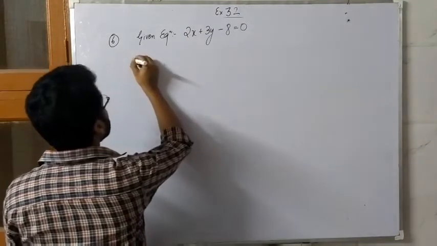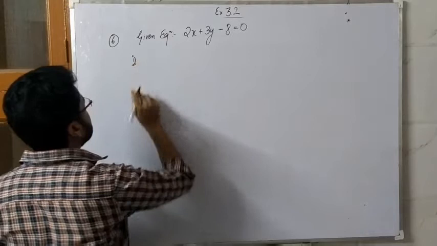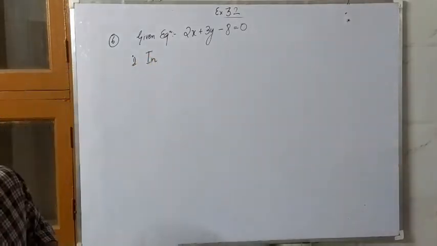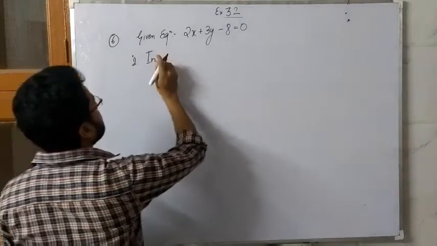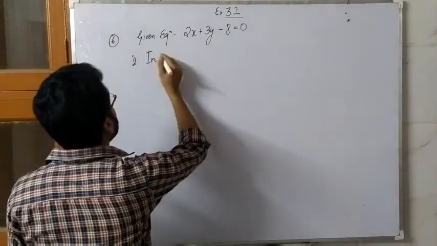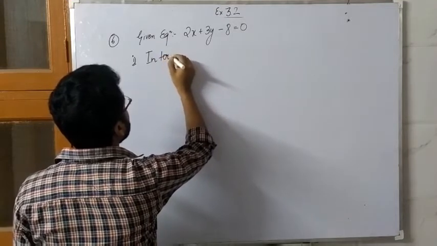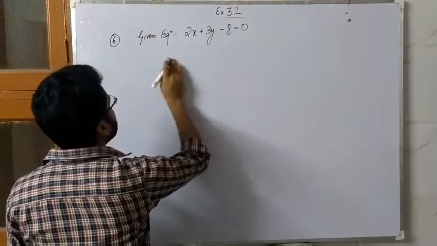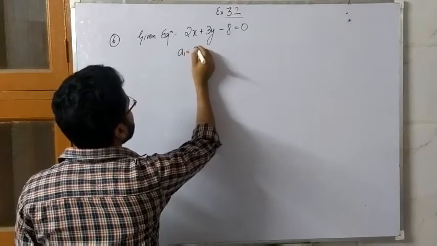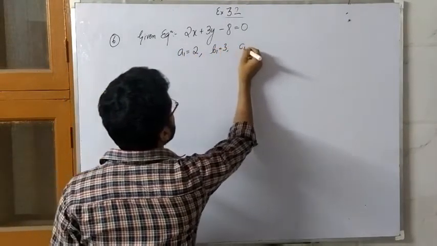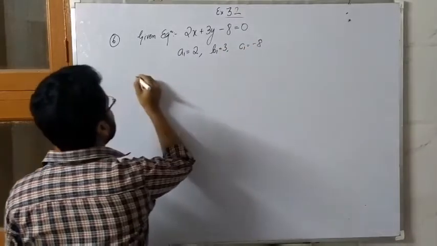Now, what you are supposed to do, first case, is of intersecting lines. Do one thing, first of all, note here A1 is 2, B1 is 3 and C1 is minus 8.